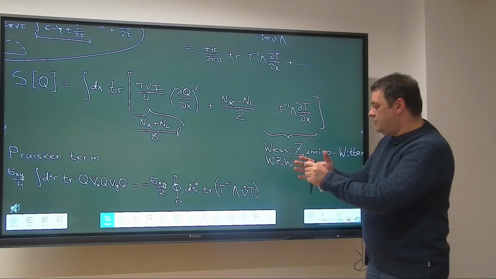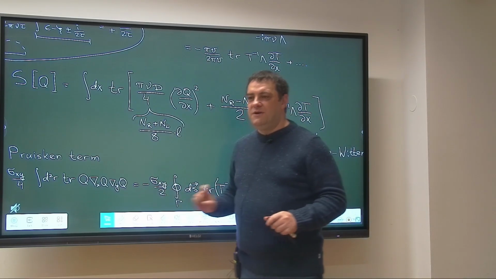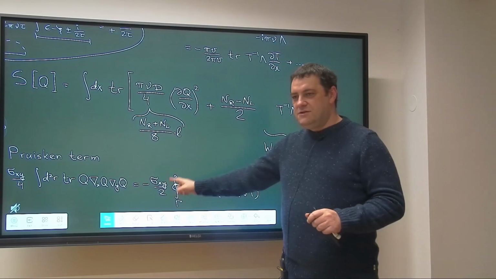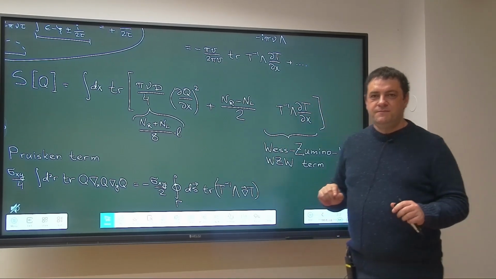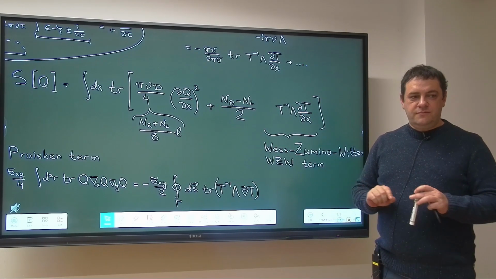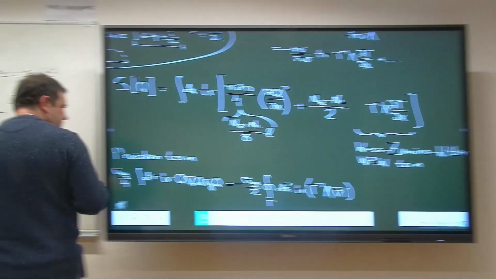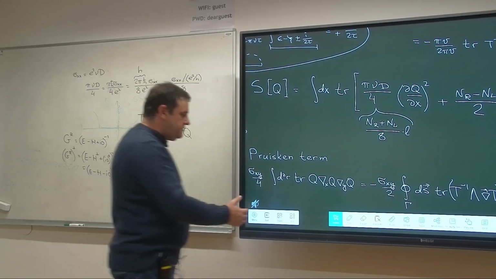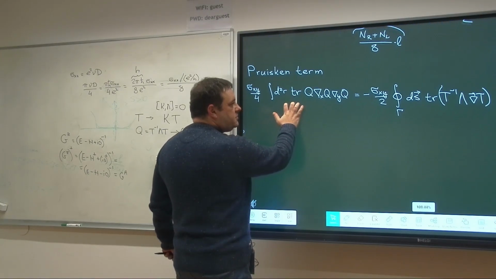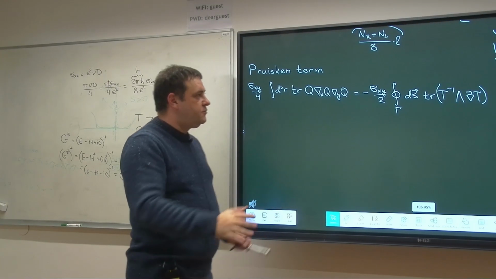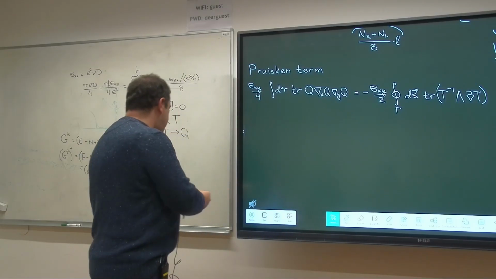All modes live only on the edge, but they still remember that there was some sigma xy in the bulk, and that sigma xy was integer and equal to the number of edge modes. So we actually derived the Pruskin term in this particular case, but using a very indirect approach, going to edge theory rather than considering the bulk theory.